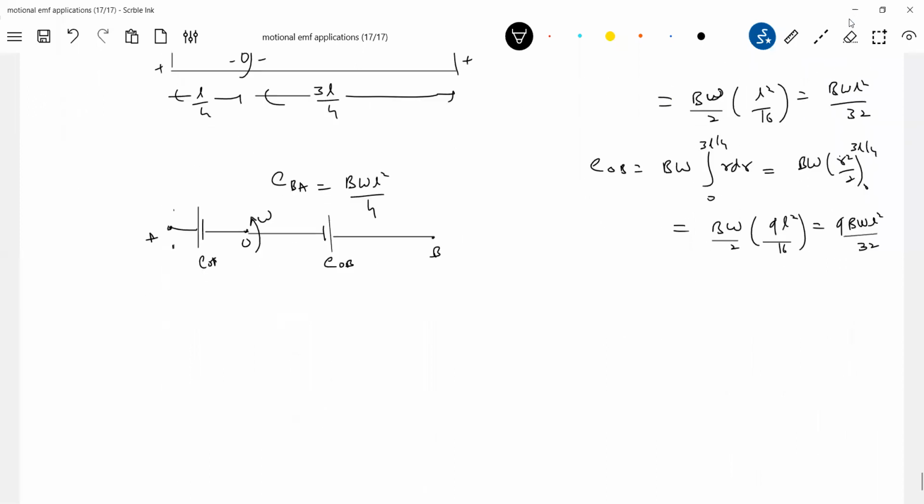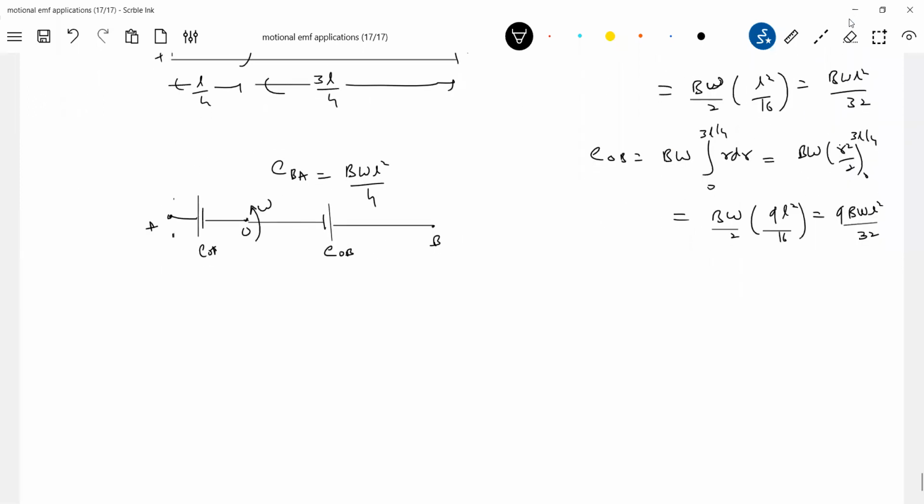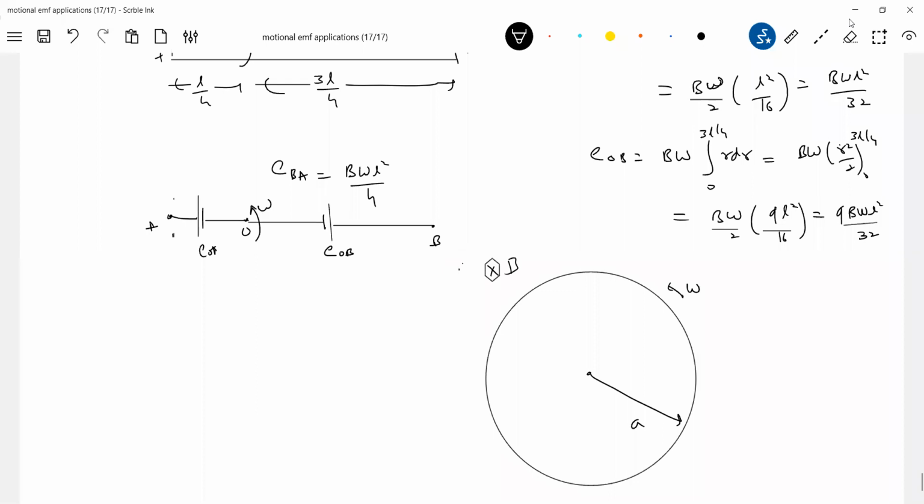I'll rotate the disc. The idea will be same even for the disc. A conducting disc, iron disc of radius C, and there will be a magnetic field. What about the potential difference across the circumference?